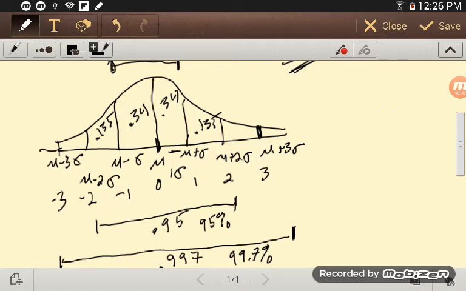So that's 4.7 between the two of these, so that would be 0.235, I think, and 0.235, like that, and that would be 4.7% between the two of those. And then everything else is out here, but that's not much, right? 0.3% of all of the population is out there.